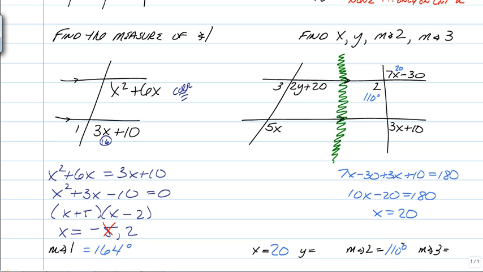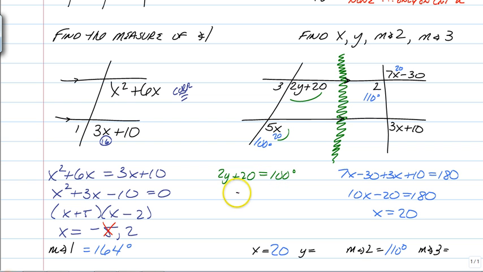But now, remember, this is still one big diagram. It's not like we have 2 separate problems. So we already know that x is 20. So we can substitute the 20 in there, and we know that this is 100 degrees. Now you can set up a new equation to find y. These are corresponding. So we have 2y plus 20 is equal to 100 because they're corresponding angles.